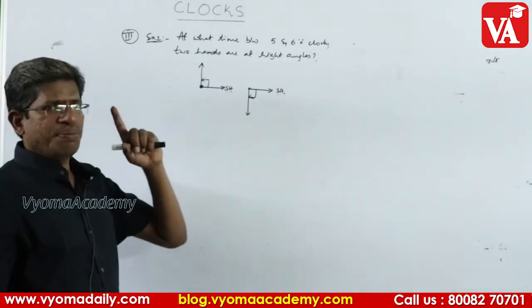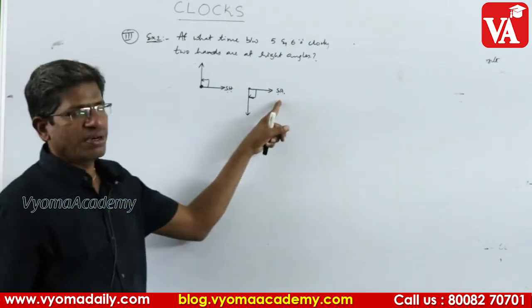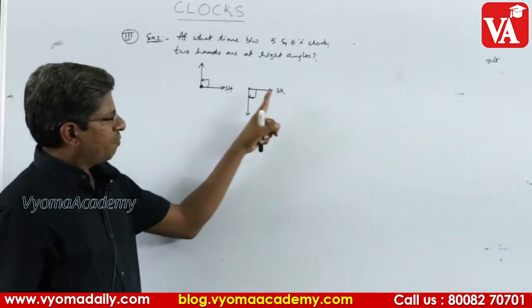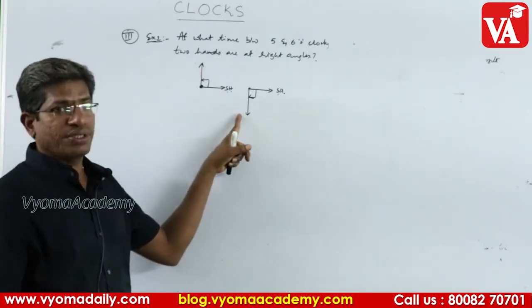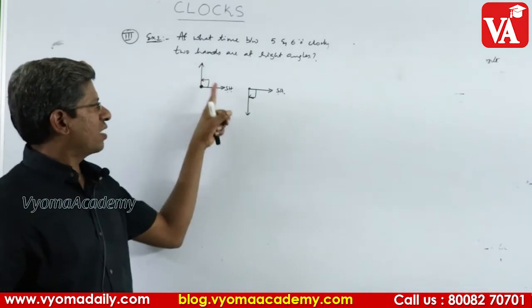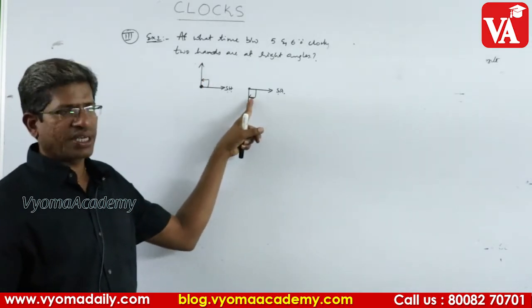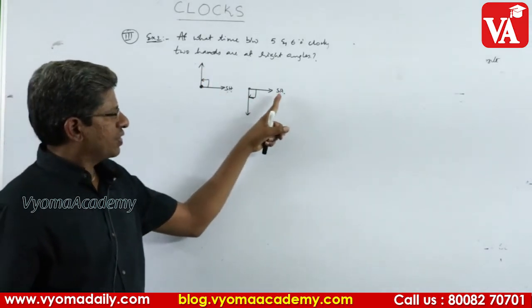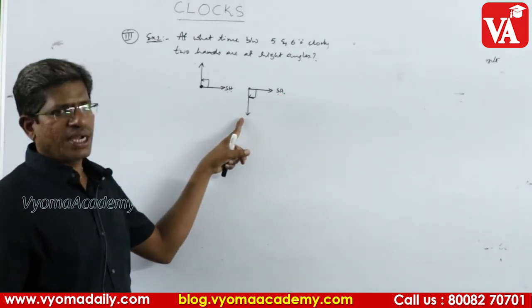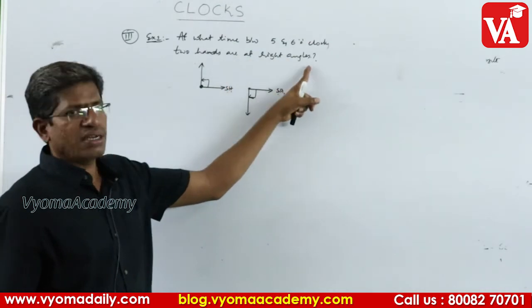So therefore, immediately you have to understand by this picture, for every given position of the shorthand, there are two positions for the long hand, so that the two hands are at right angles. Let me repeat again. For every position of the shorthand given, there are two positions for the long hand, so that they are at right angle.